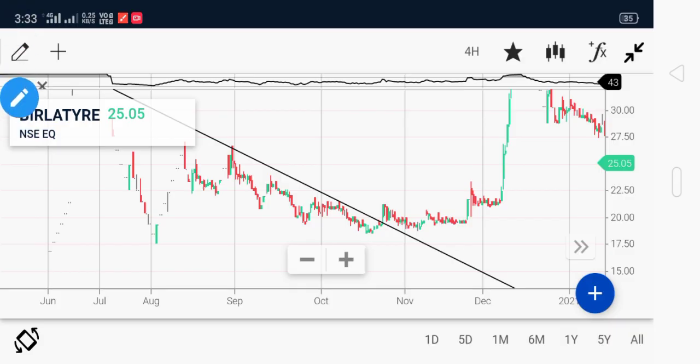See guys, it came down once, twice, thrice, and then it gave a breakout. It broke the resistance line and went above it.